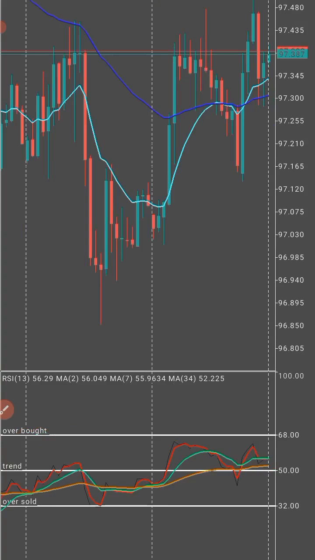So stop chasing gaps. The second one is ignoring context. When I say context, I'm talking about the broader view. That's the trend, whether it is an uptrend or downtrend. Consider volume, consider news, the economic calendar.